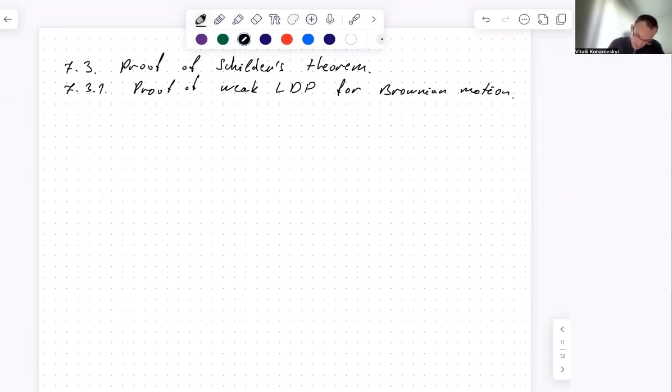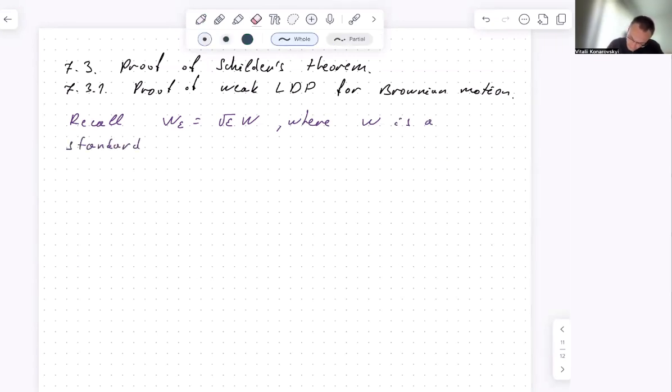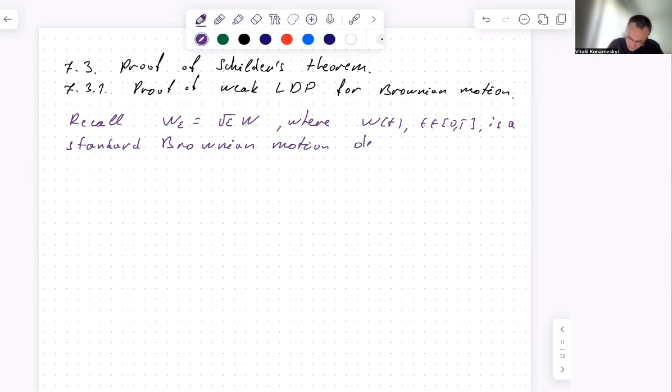And let me recall that W epsilon is square root epsilon W, where W is a standard Brownian motion defined on Omega, F, P. And now we want to show, first of all, the lower bound of V.